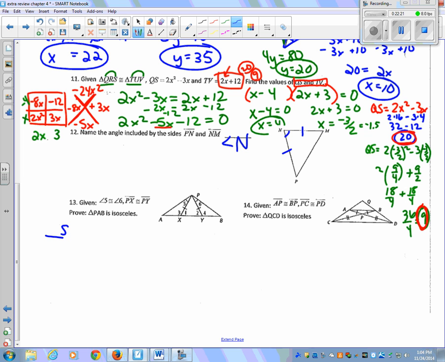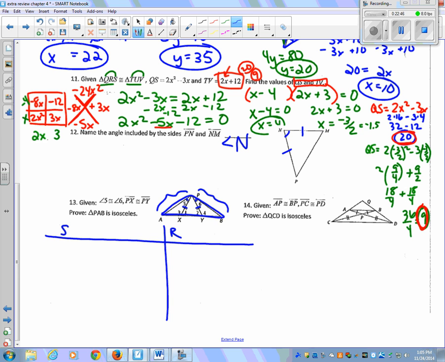For this proof, we have angle 5 congruent to angle 6, and PX congruent to PY. And so we want to prove that PAB, this big triangle, is isosceles. So we're going to have to get PA somehow congruent to PB.